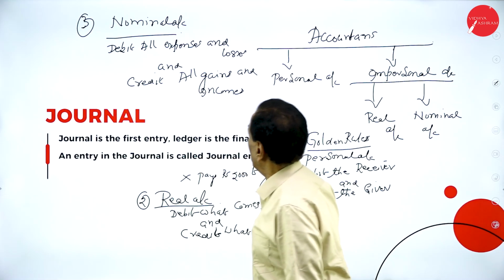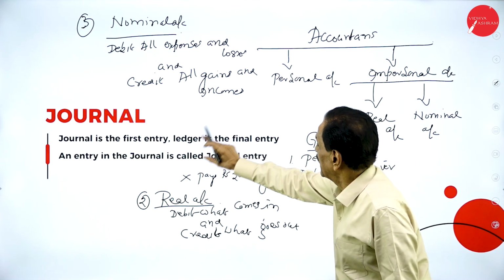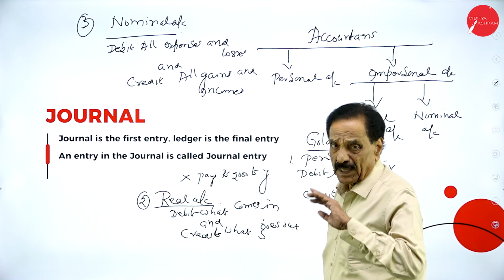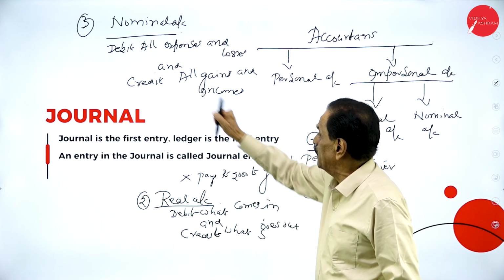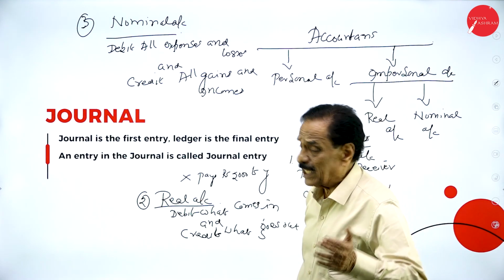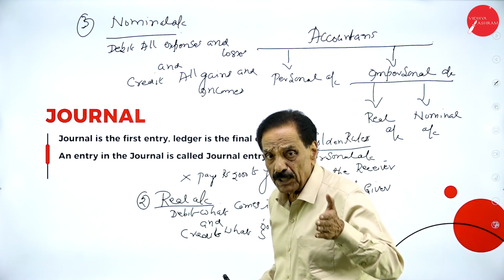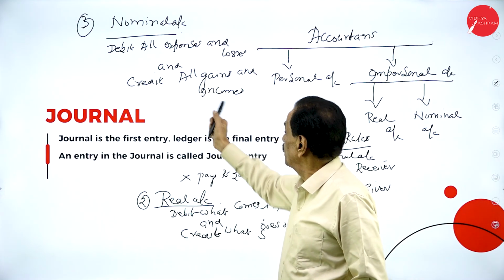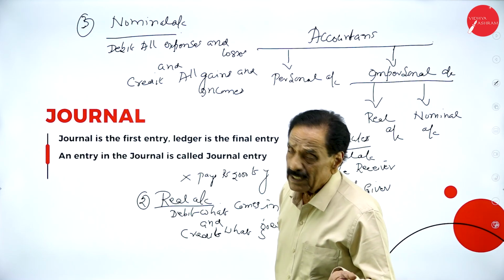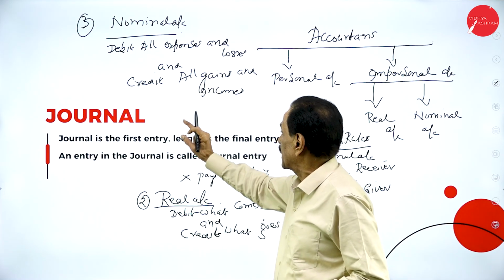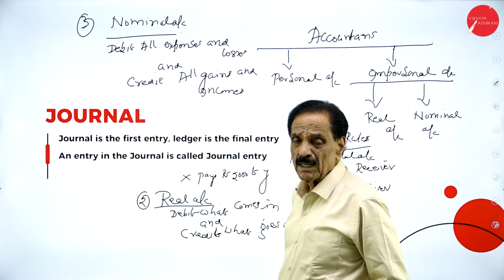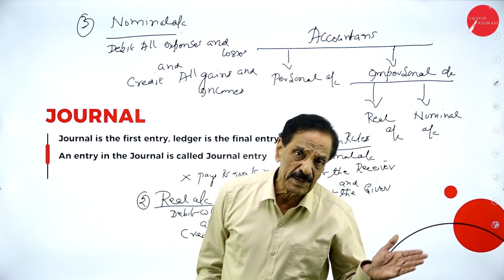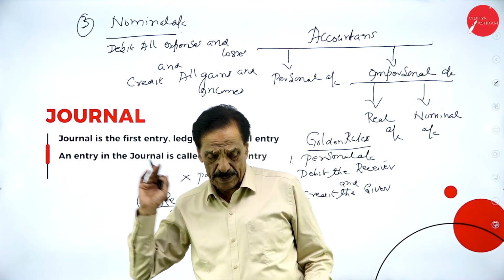Debit all expenses and losses. Credit all gains and income. Rent paid is an expenditure that should be debited. Rent received is income that should be credited. Commission paid should be debited. Commission received should be credited. So debit all expenses, credit all gains and income. Debit means left hand side, credit means right hand side.